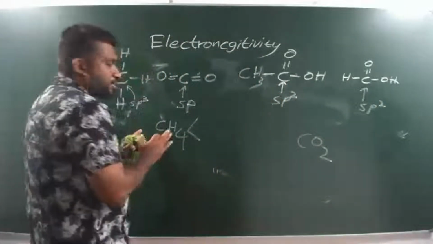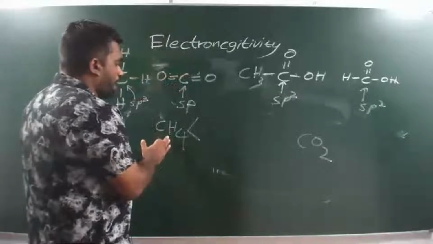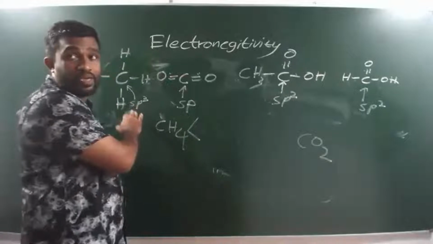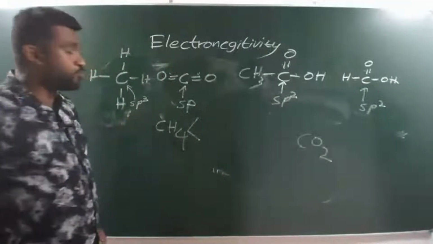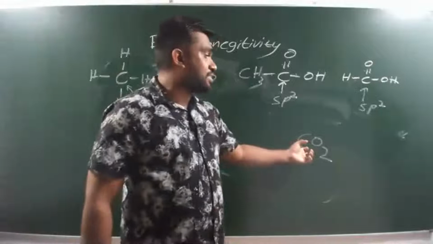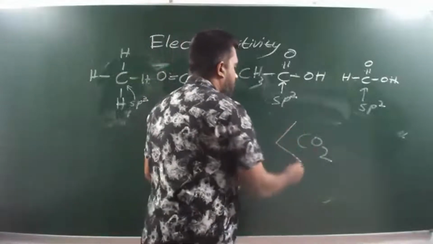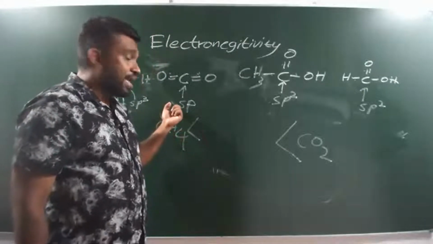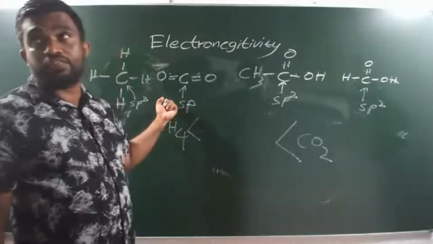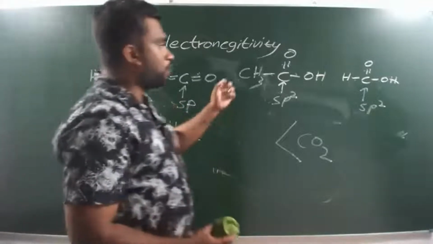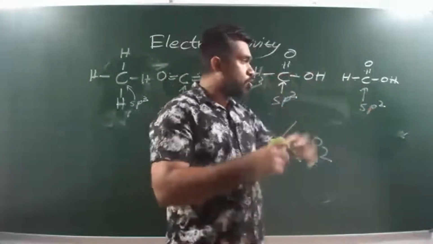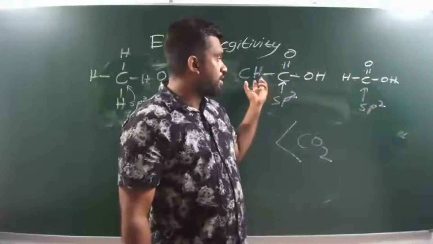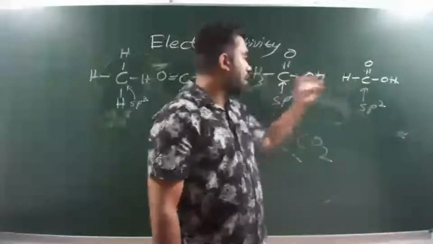By looking at hybridization, we have decided that CH4 has the least electronegativity because its hybridization is sp3, which means the S percentage is 25%, and CO2 has the highest electronegativity because its hybridization is sp, with an S percentage of 50%. Now you have to determine which of these carbons has higher electronegativity.